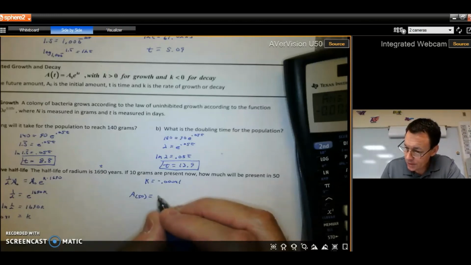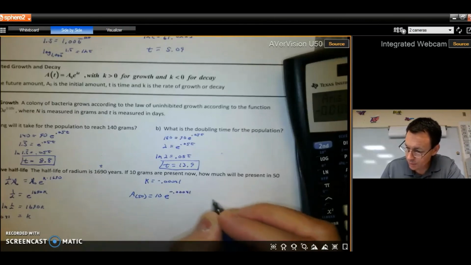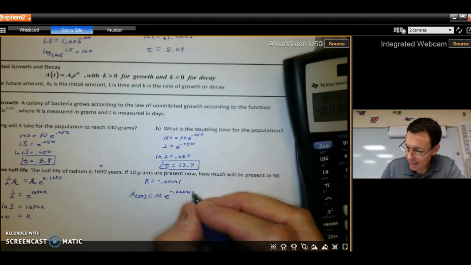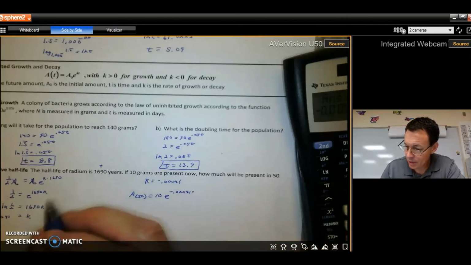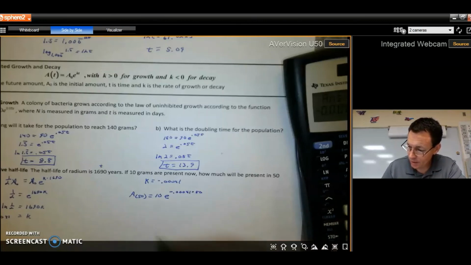Over here, it's going to be my initial amount, which is 10, my E to the negative 0.00041 power times my time, and in this case it's a 50. So I just need to plug all that in my calculator, and that's my answer.